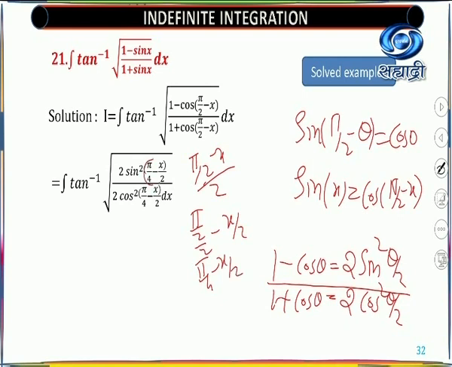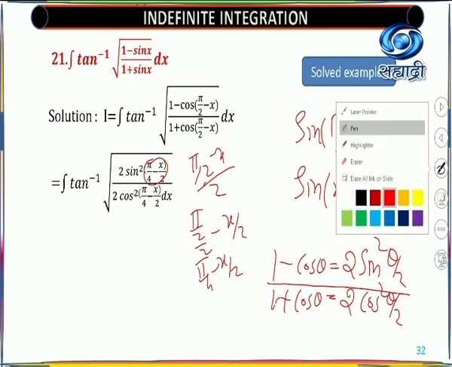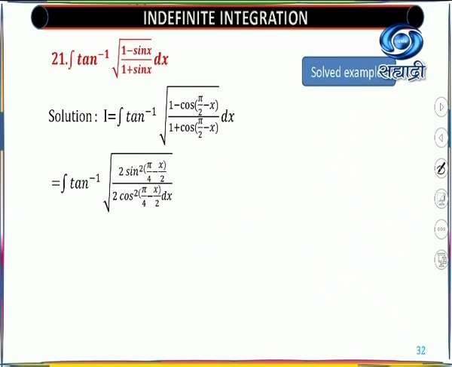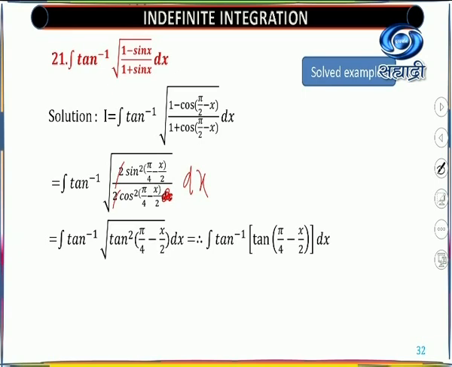So here your angle is pi by 4 minus x by 2. Similarly for the denominator, you will get 2 into cos square of (pi by 4 minus x by 2). The 2 will get cancelled, and sin square upon cos square is tan square. Next step will be tan inverse of root of tan square of (pi by 4 minus x by 2) dx.